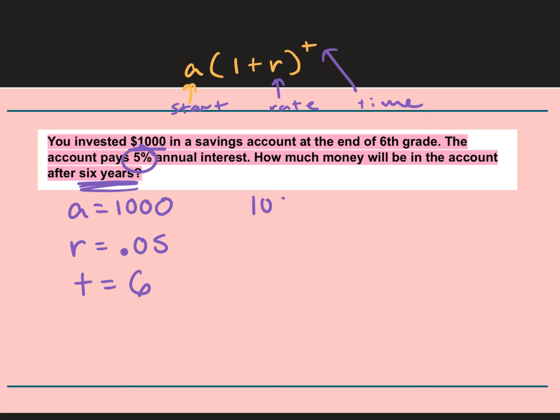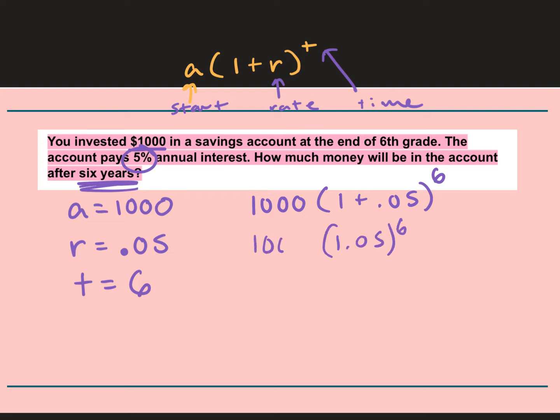So we have 1,000 times 1 plus the rate, so plus 0.05, to the power of 6. Now here's where we need the calculator. What do I have to do first here? The parentheses. So 1 plus 0.05 would be 1.05.